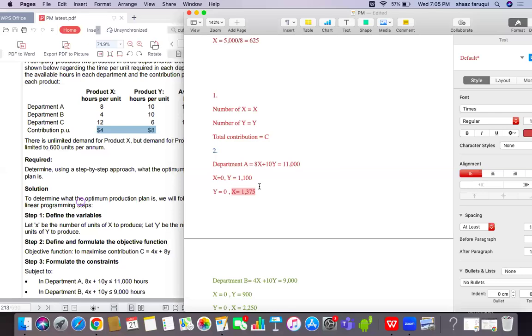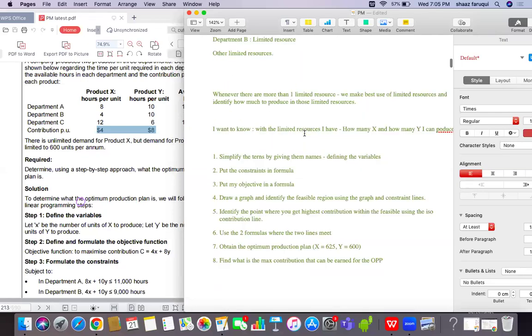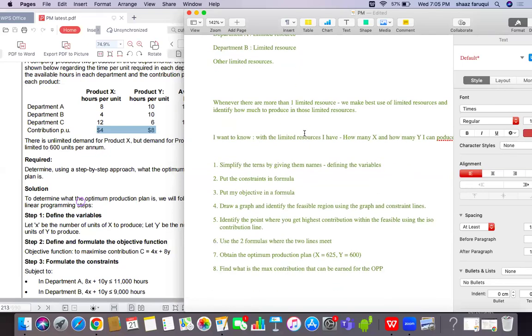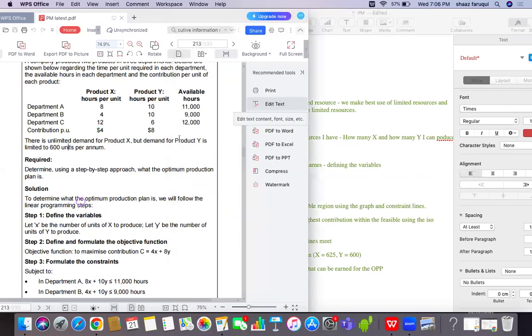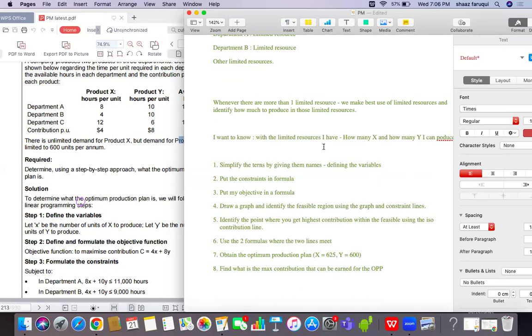So using x and y, I draw the line for department A. Similarly, I make assumptions and draw a line for department B, and a line for department C. I also draw a line for the other constraint, which is y cannot be more than 600. So all the constraints, their equations, I'm putting as lines on a graph, which is step 4.